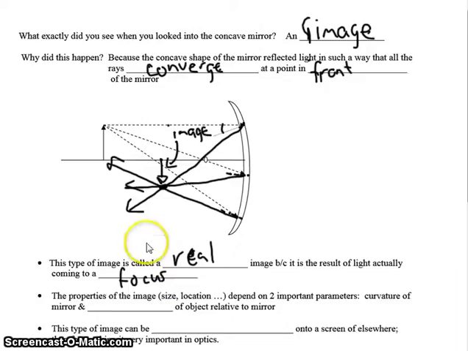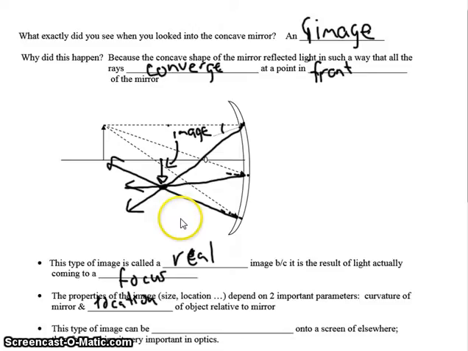The properties of this image, in other words, how big is it compared to the object, where is it, what's its orientation, what type, depends on two important parameters, which again we'll go into greater detail. That depends on the curvature of the mirror, how concave it is, and as we'll see, which is a little less obvious, the location of the object relative to the mirror.